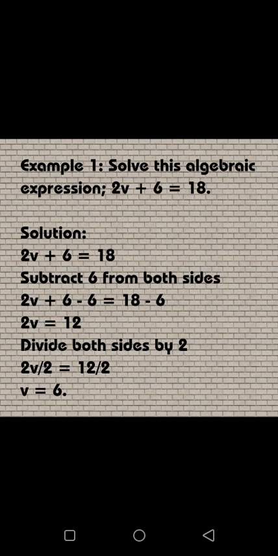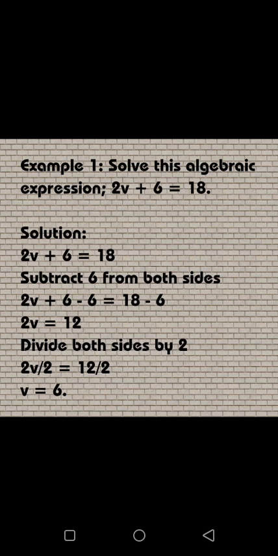So solve this algebraic expression. That's 2v plus 6 equals 18. So what we are looking for is v, but we have it as 2v. So when we have 2v, we must deal with it one after the other. At the end of the day, we're still going to get our value for v.